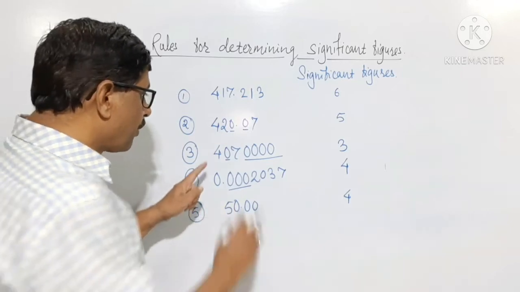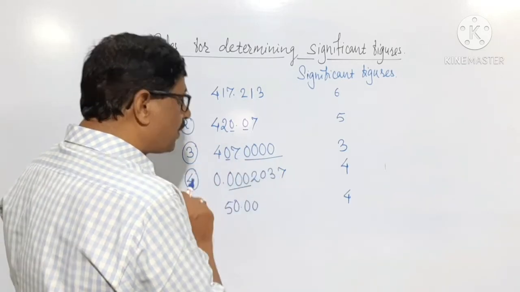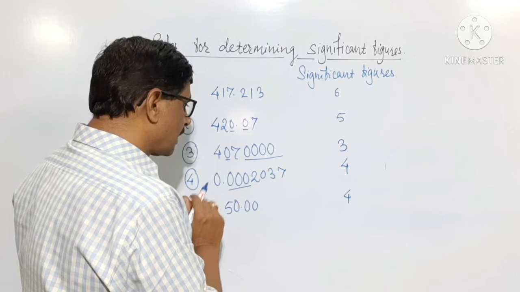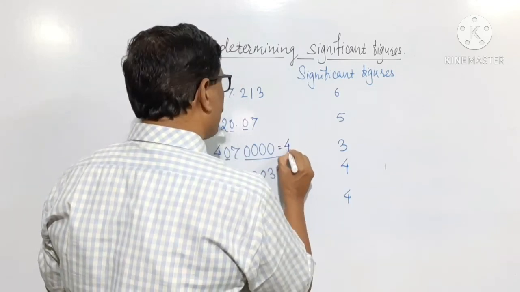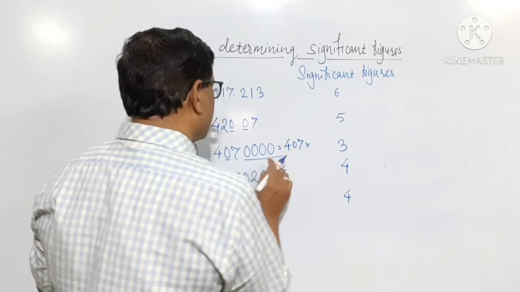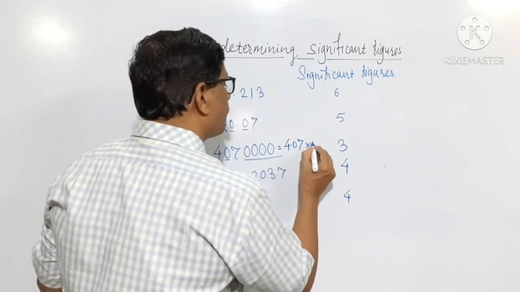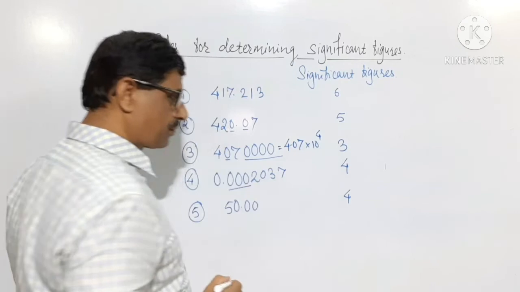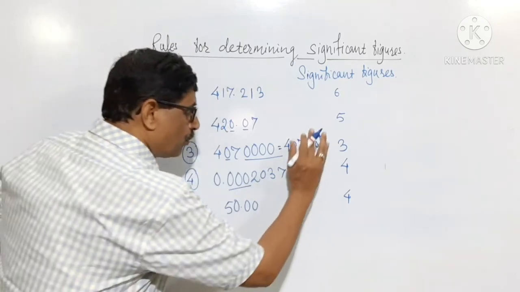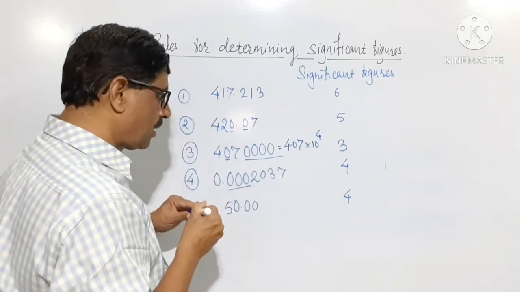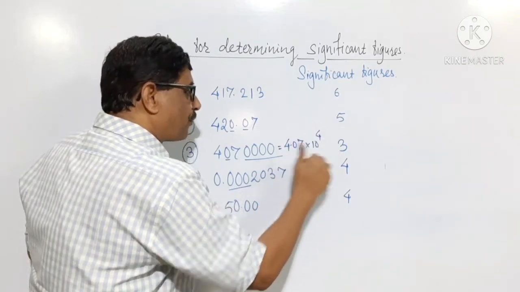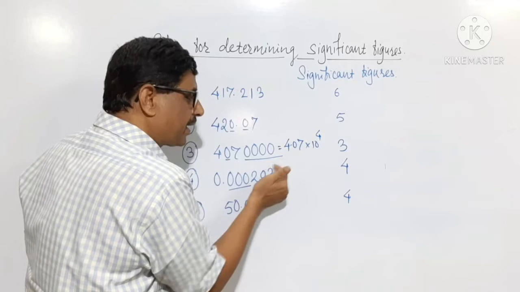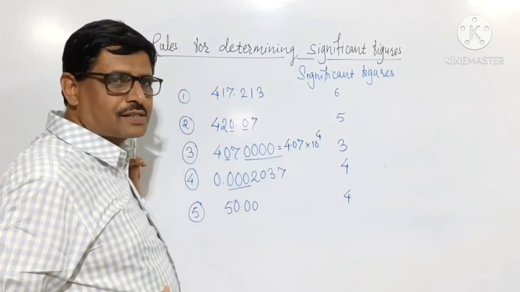Here, from these two examples, what you are able to say is that this number can be written as 4.07 into 10 to the power of 4. Now, neglecting the power of 10, the numbers remaining, these are the significant ones.